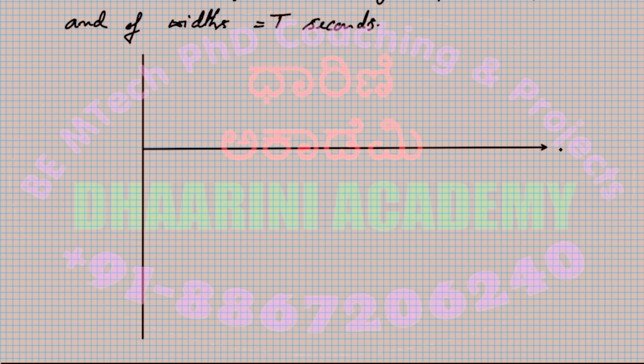This is the time axis, and I will also draw another axis for the second graph. Okay, so this is the t, right? The first one is the original signal denoted by g of t.